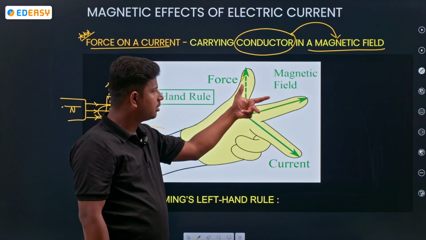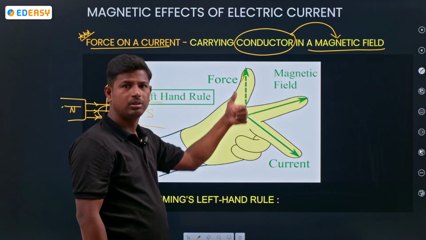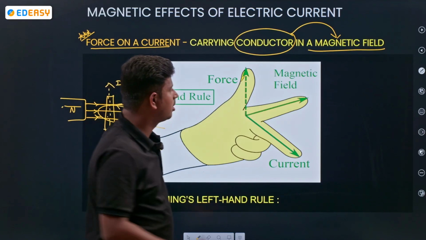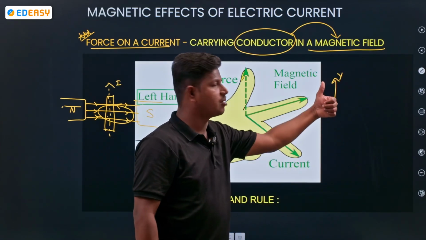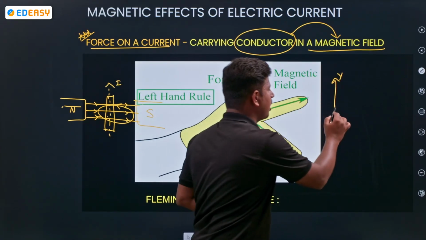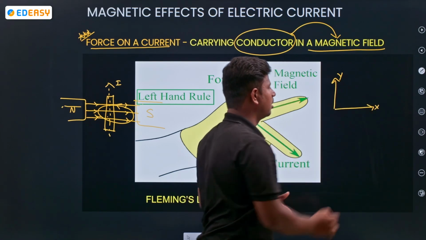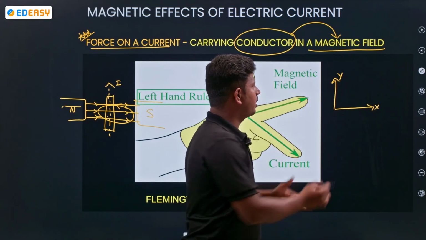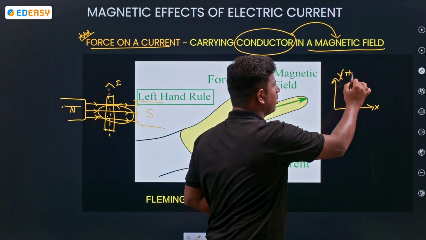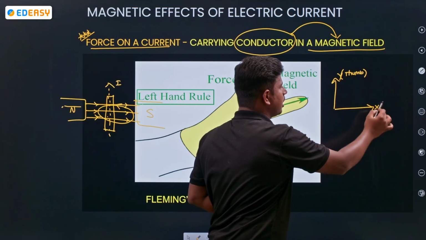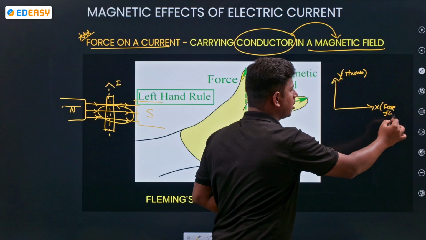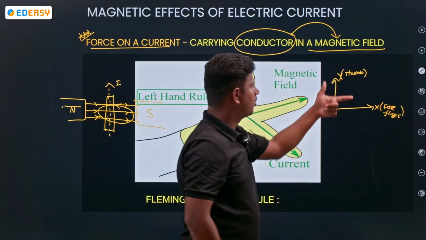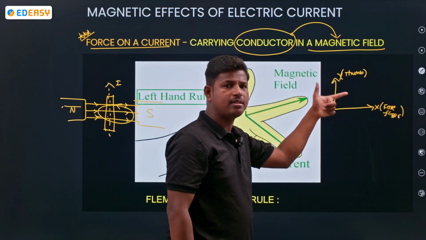Let us take the y-axis: thumb. The x-axis: forefinger.